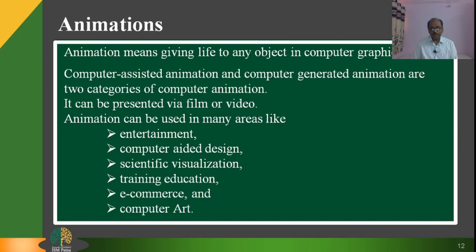Animation means giving life to any object in computer graphics or any graphics applications package. It has the power of injecting energy and emotions into the most seemingly inanimate objects. Computer assisted animation and computer generated animation are two categories of computer animation.